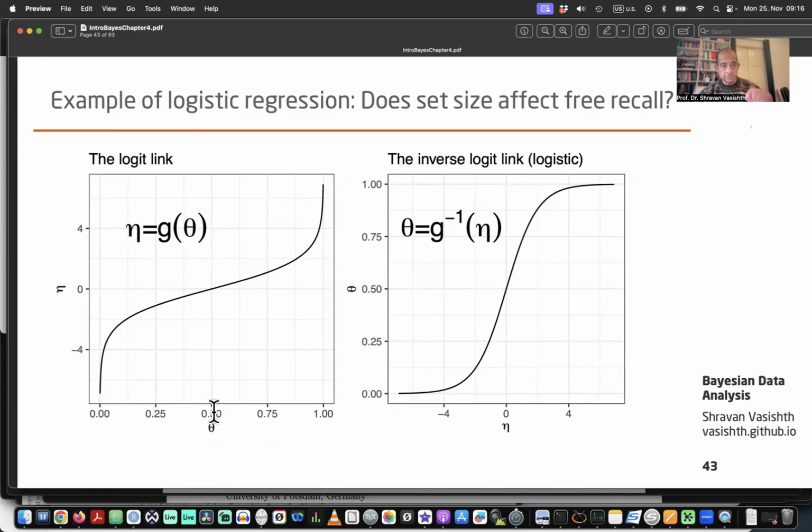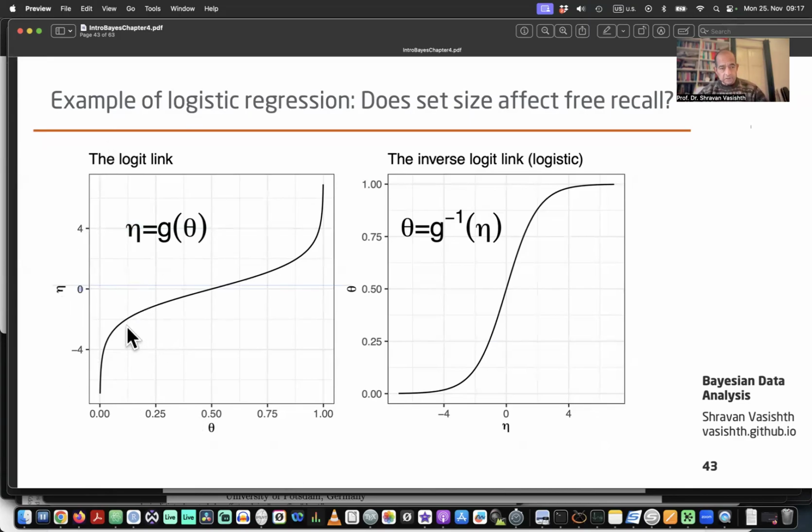So that's the purpose of this log odds transform. And this log odds transform has a name. It's called the logit link function, right? The logit link function g is taking as input theta, converting it to log odds, and outputting this eta value, which is the log odds value.